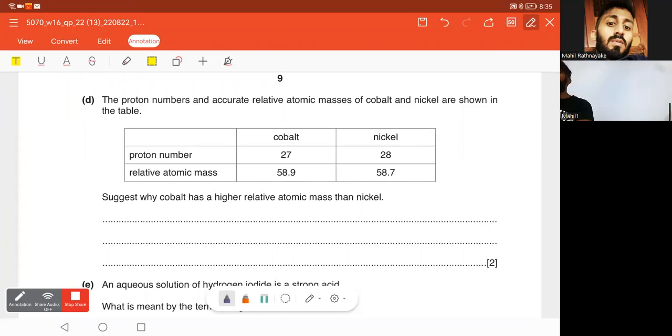You can write this: relative atomic mass depends on protons and neutrons. 1 mark. Nickel contains fewer neutrons than cobalt.